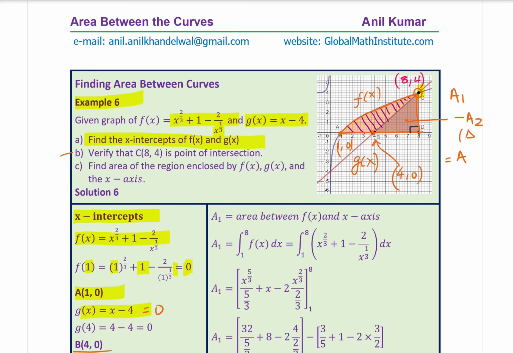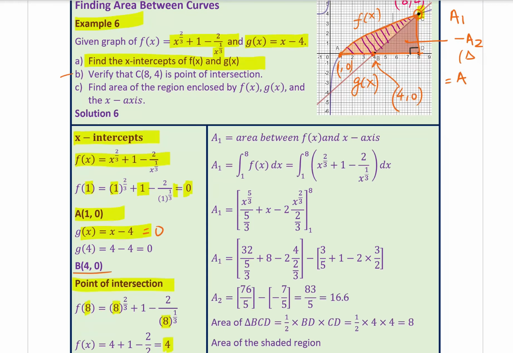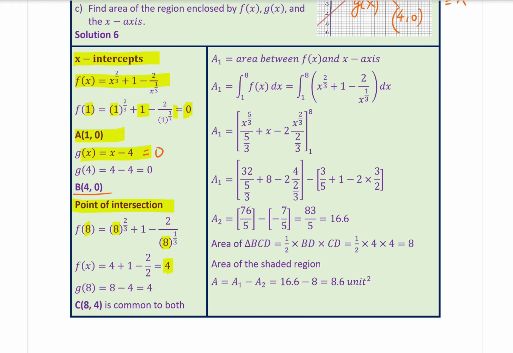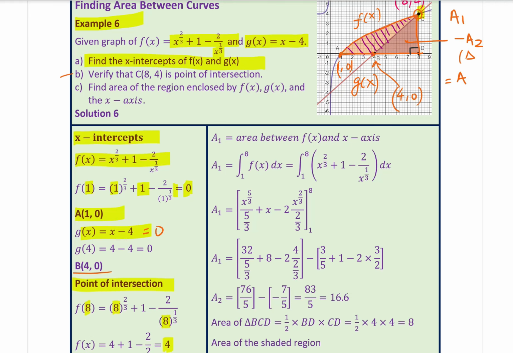Now let's also substitute into g of x. When I substitute 8, 8 minus 4 is 4. So that means this point lies on the line also. And that surely means that this is the point of intersection, right? So it is common to both the curves f of x and g of x.